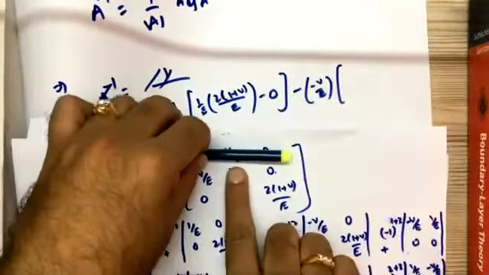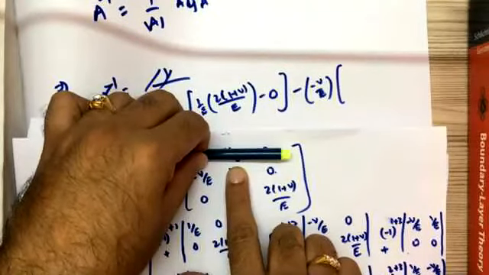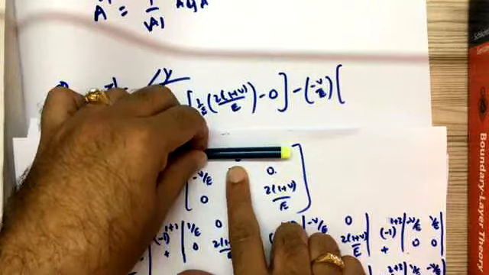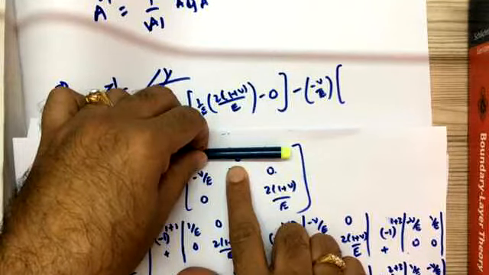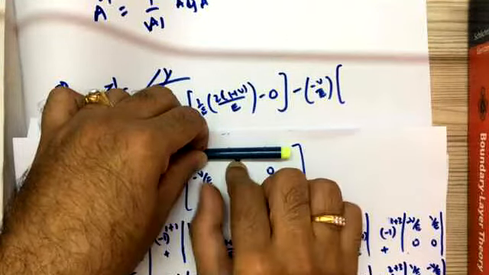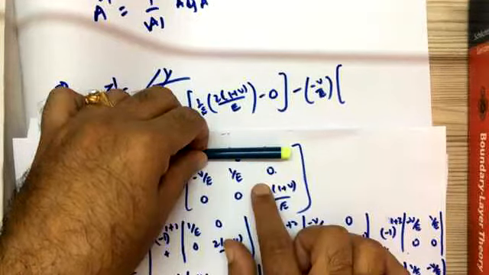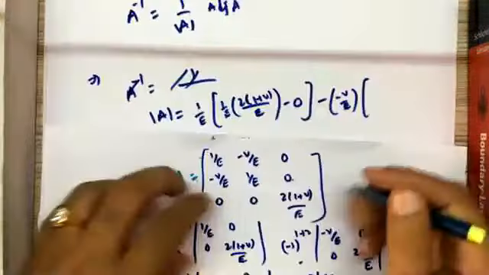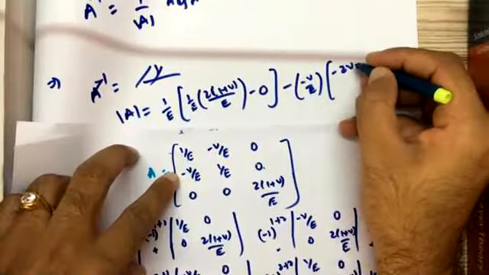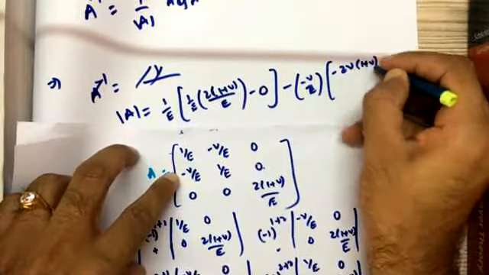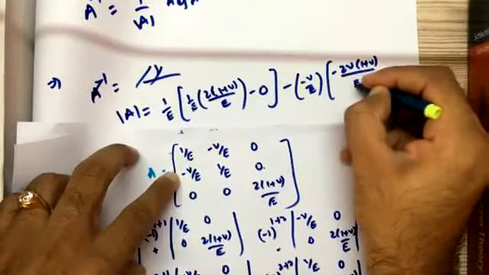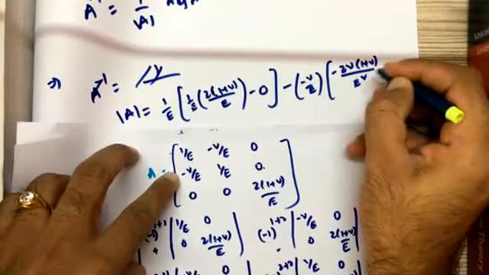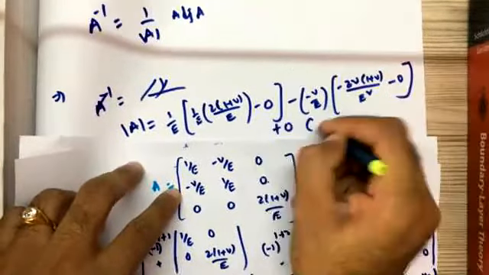What is remaining? Minus nu by E, 0, 0, 2 into 1 plus nu by E. You take the det of it. Minus nu by E into 2 into 1 plus nu by E minus 0 into 0. So what you'll get? Minus 2 nu into 1 plus nu by E square minus 0. Plus 0 into something is 0.